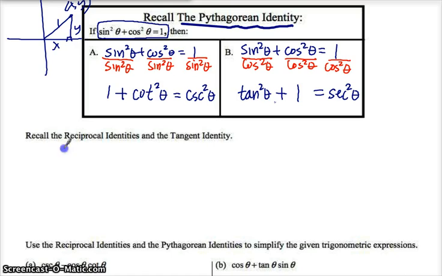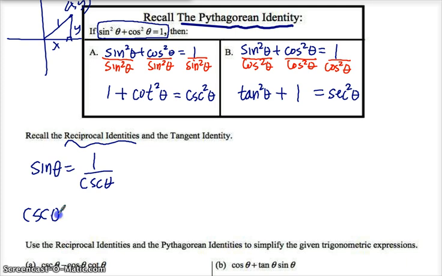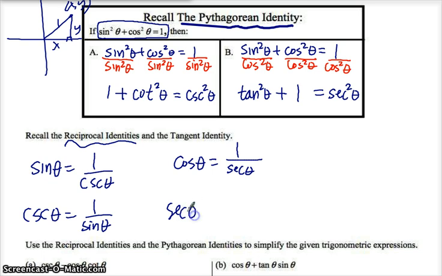Okay, other things that you're going to use are the reciprocal identities. So the reciprocal identities are like sine of theta equals 1 over cosecant of theta, or cosecant of theta equals 1 over sine of theta, right? And cosine of theta equals 1 over secant of theta, or secant of theta equals 1 over cosine theta.